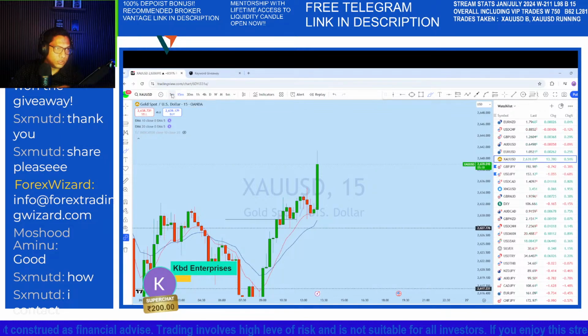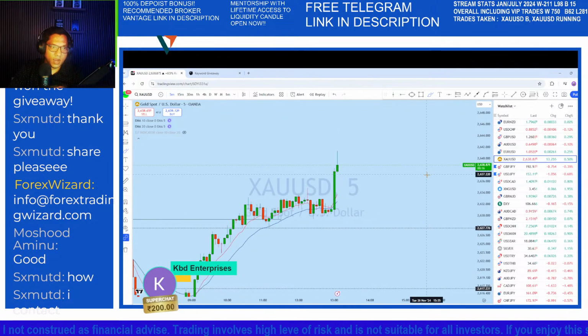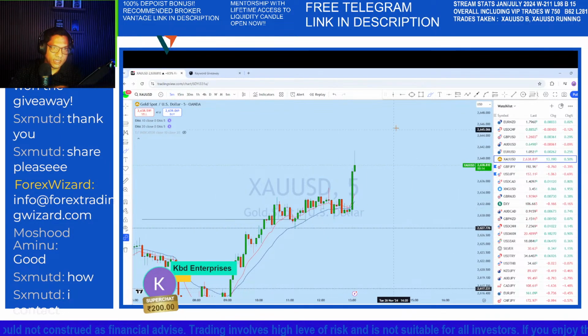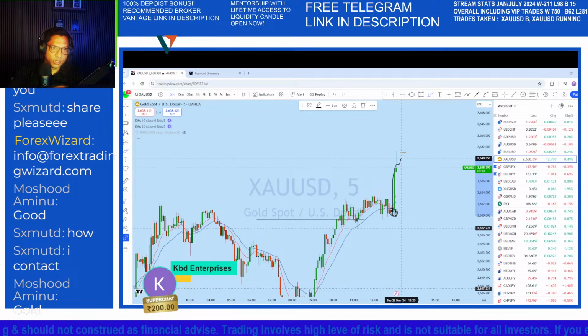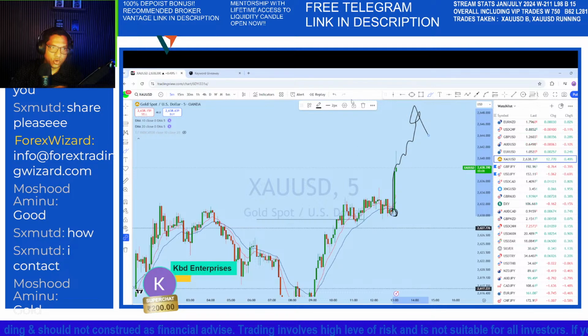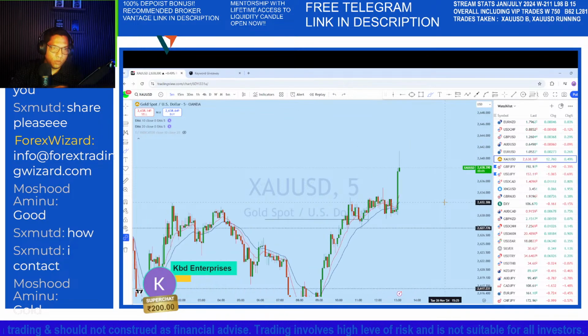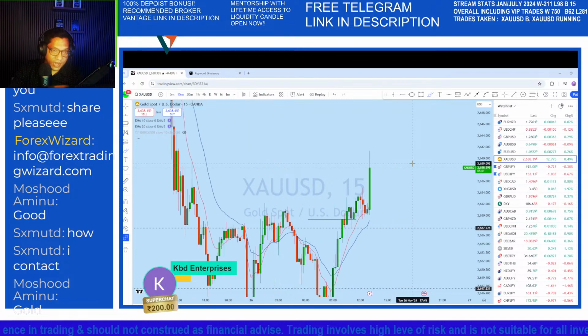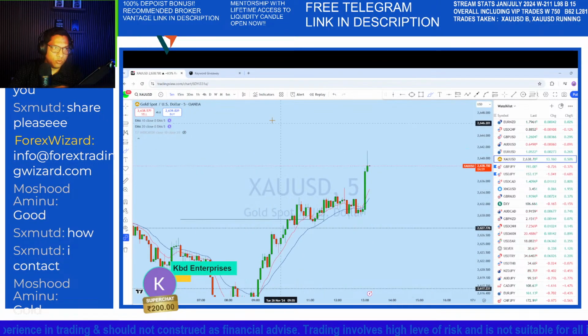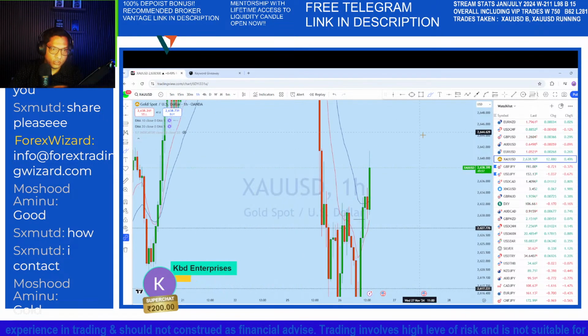Once it closes, we might look for entry. We can see here quite a few doji formations grabbed a massive amount of liquidity, and then it might trend in that direction. So we will be waiting for the market to give us an entry, and then we will be looking for potential entry opportunity in this market.